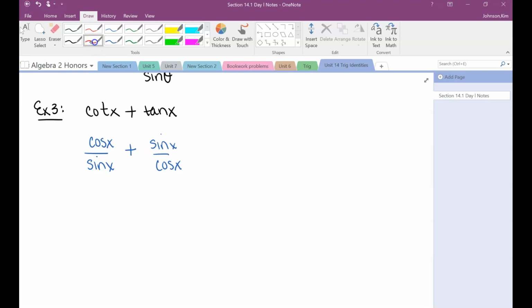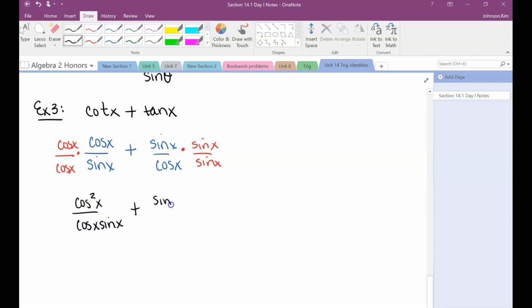I need a common denominator here, so I'm going to multiply this first fraction by cosine of x over cosine of x. I'm going to multiply the second fraction by sine of x over sine of x. So I get cosine squared of x over cosine of x sine of x plus sine squared of x over cosine of x sine of x.